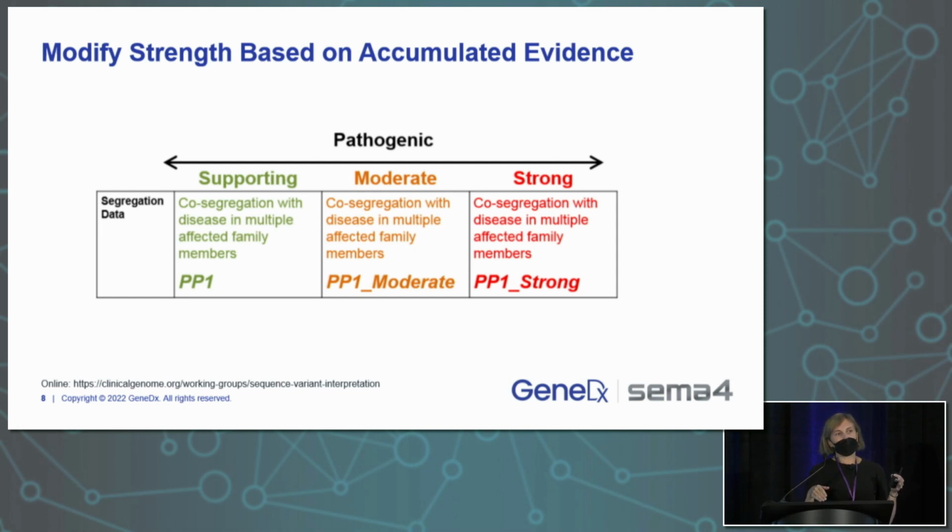That might be enough to allow us to reclassify that variant and now call it likely pathogenic or pathogenic. And so even if someone has a report with a variant of uncertain significance, over time, we sometimes can change the classification and be able to classify those variants as likely pathogenic, pathogenic, or likely benign, benign.